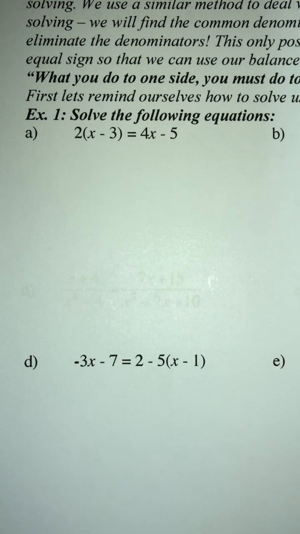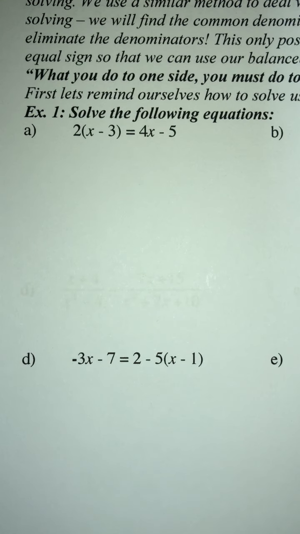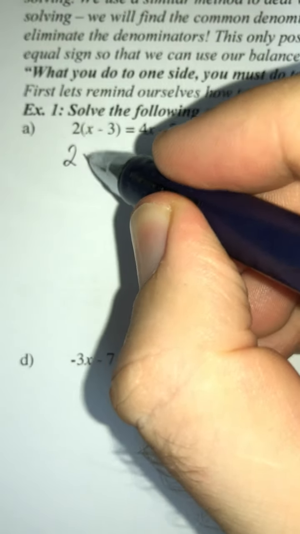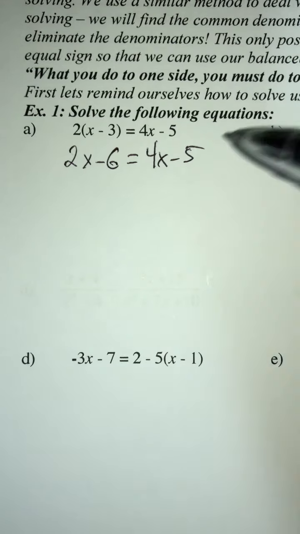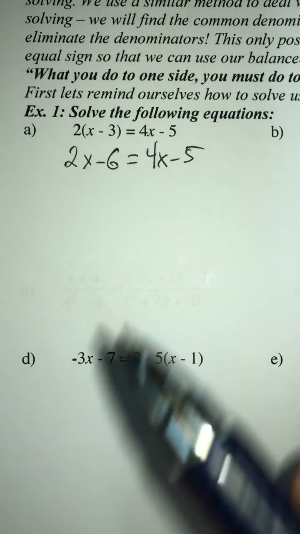First, here's an equation. Whenever you see brackets in there, it's great to just get rid of those first, as long as there's no exponents that you're having to deal with in there. So this is multiplied in, so I'll have 2x minus 6 equals 4x minus 5. Now at this point, you have two x's.